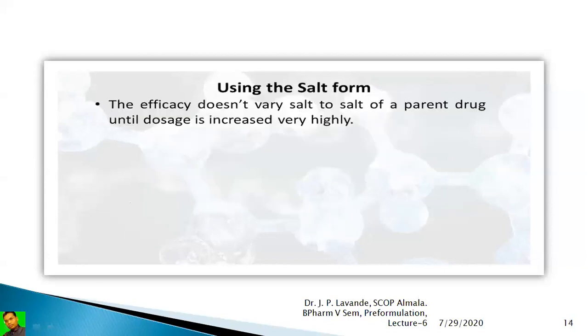But using the salt form, the efficacy doesn't vary from salt to salt of a parent drug until the dosage is increased very highly. So the efficacy will depend on the dosage of the drug.